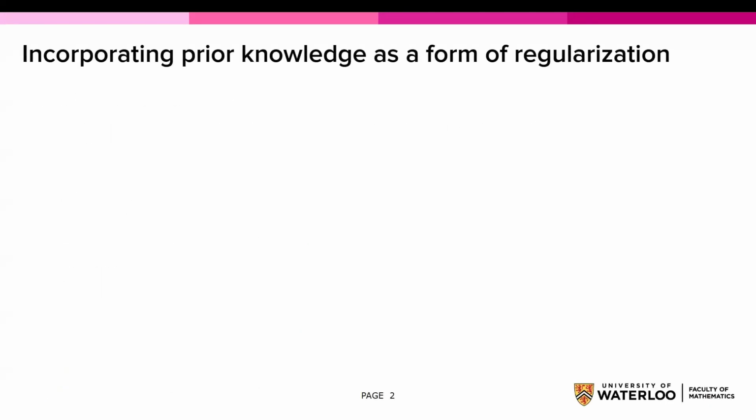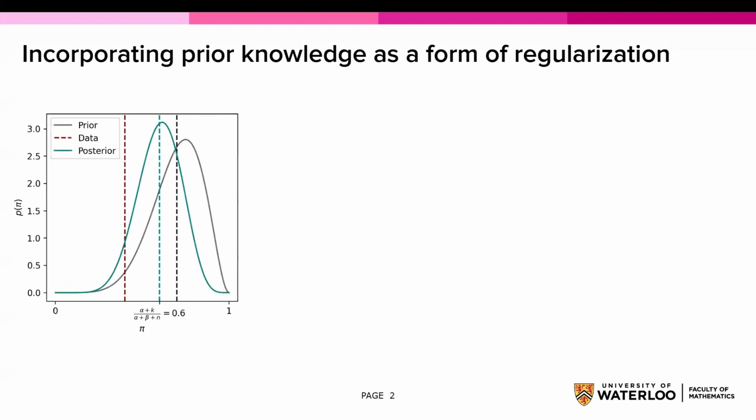So yeah, quick recap of what we covered in lecture 9a. Our focus was on Bayesian updating to refine our beliefs about a parameter by combining prior knowledge with new data. We started with an example of the beta distribution, where we use a distribution over a prior belief, the gray curve, and then we updated that with observed data in the dashed red line to obtain a new posterior distribution in the teal curve.